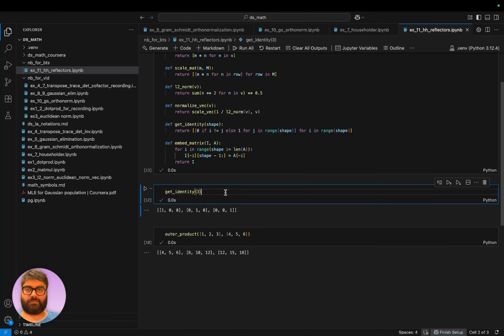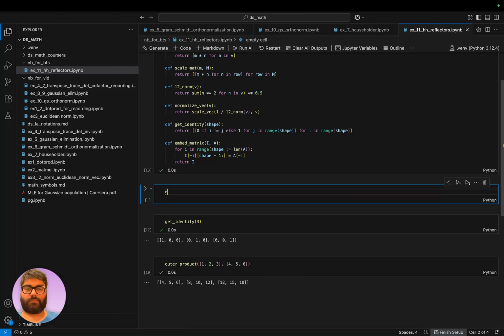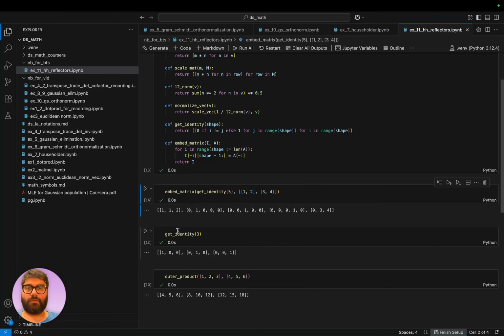I'm going to test this one out. Embed matrix, get identity, let's say 5. And let's get 1, 2, 3, 4. Oh no, this is bad. This is really bad.